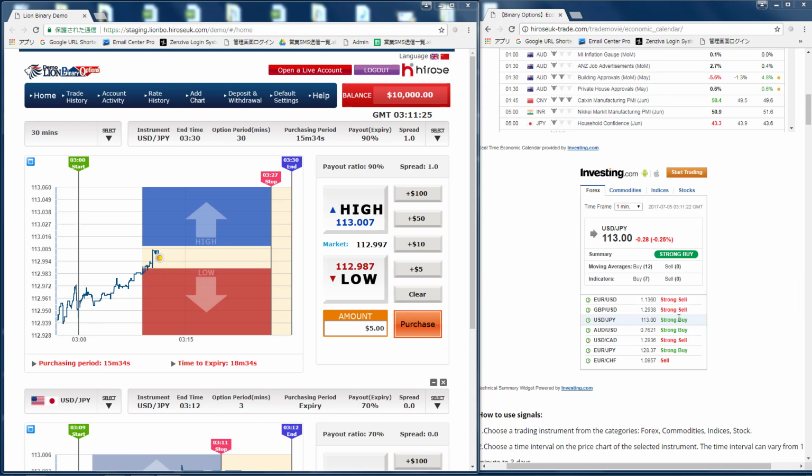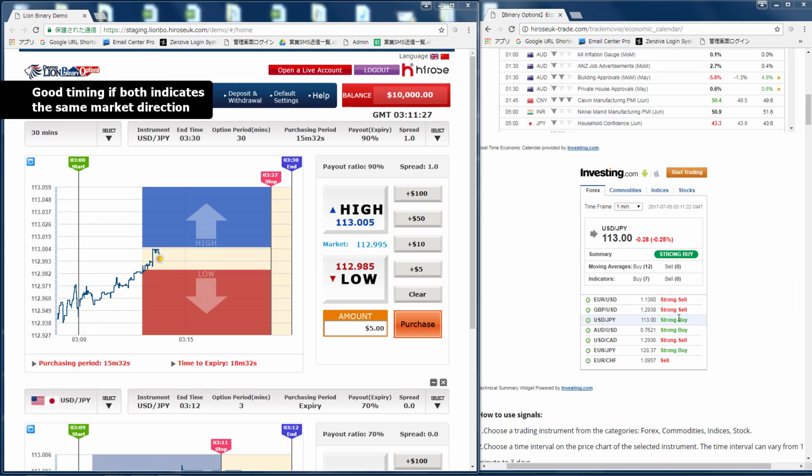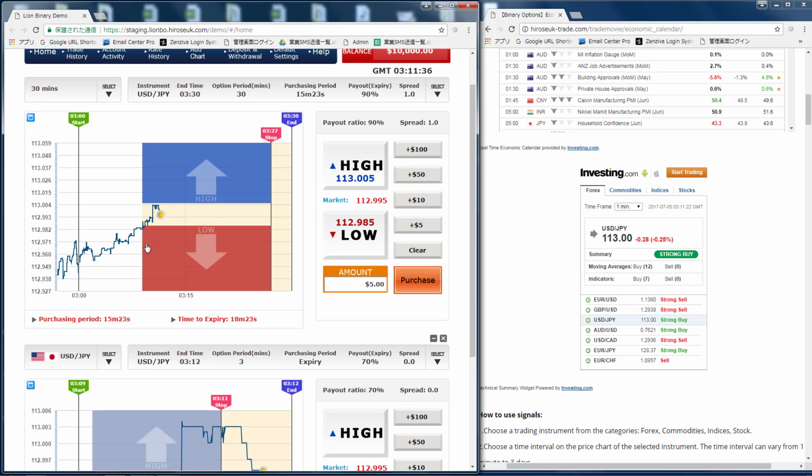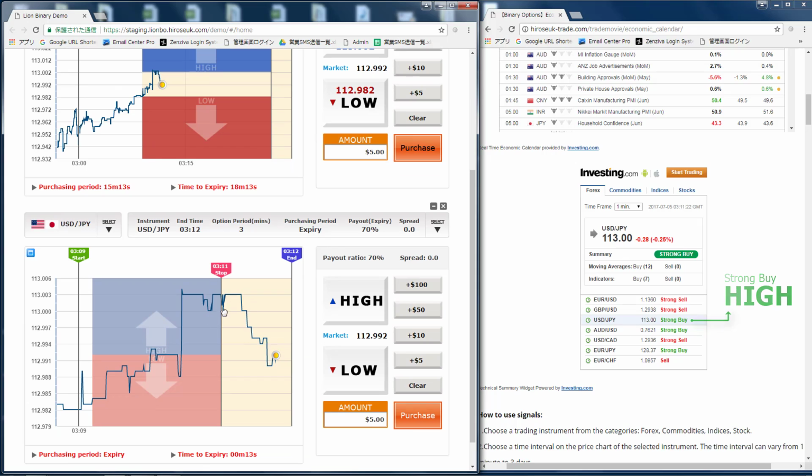You just need to match the two different pieces of information together. If they match, then it's a good time to purchase. So for now I think it's a really good chance to trade for high, because you see this price has reached the trend line here, and at the same time the signal here tells me it's a strong buy, which means high.